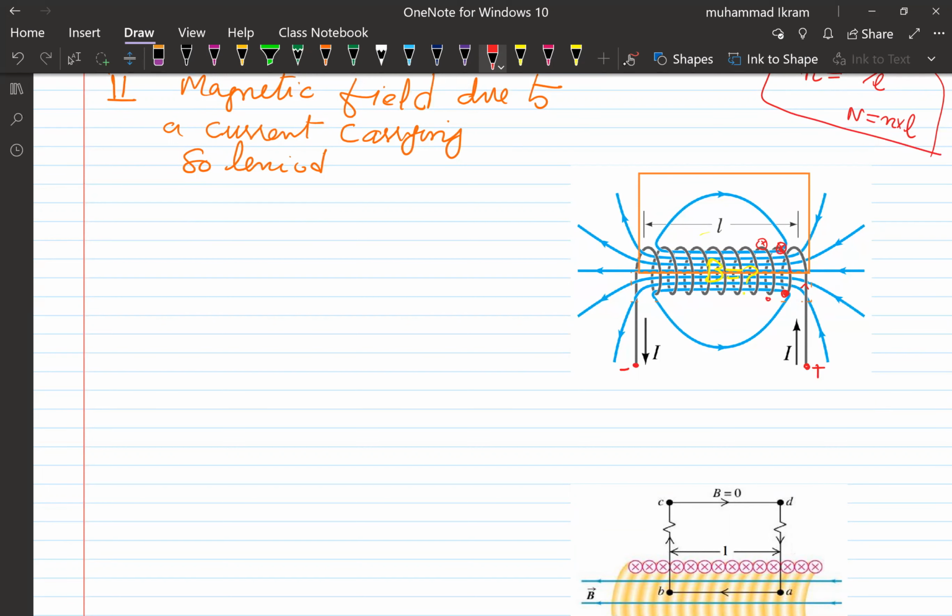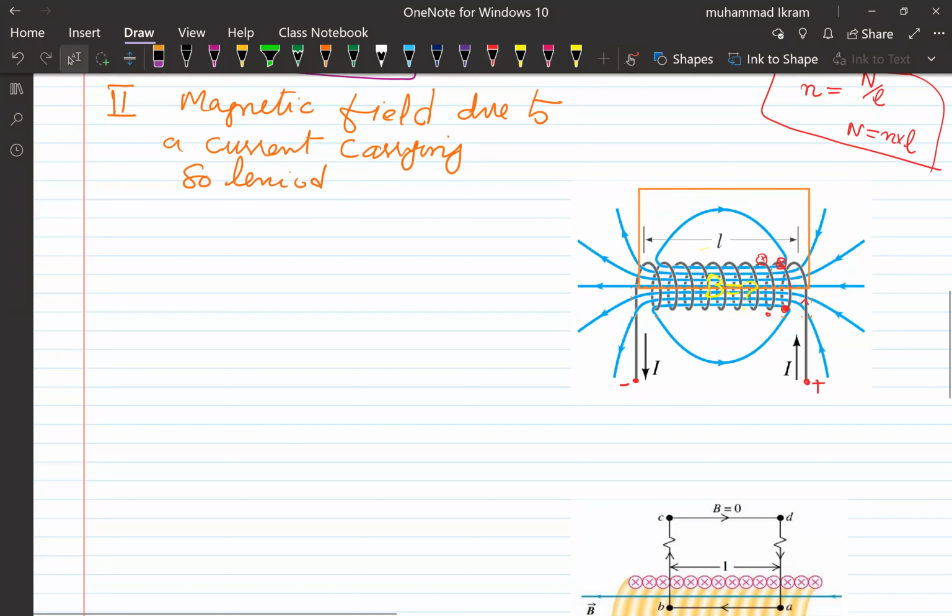Now let us see, we want to calculate the magnetic field by using Ampere's law. What is Ampere's law? Ampere's law states that the sum from i equals 1 up to n of B dot delta L equals mu naught times the current enclosed by the circuit.